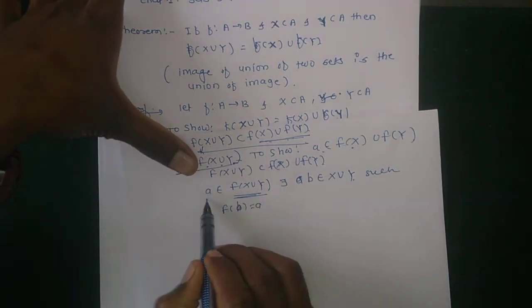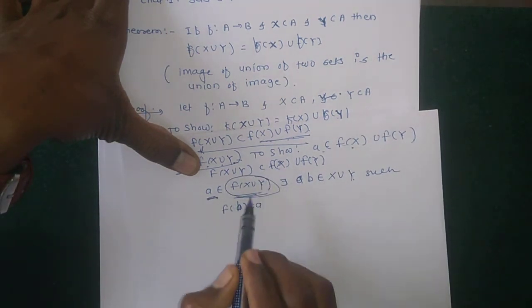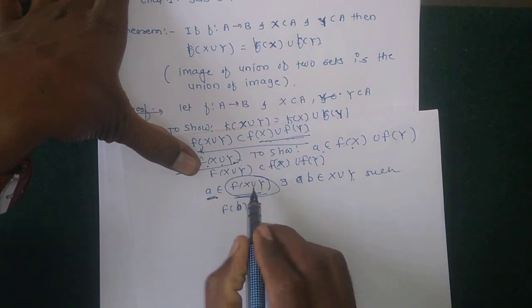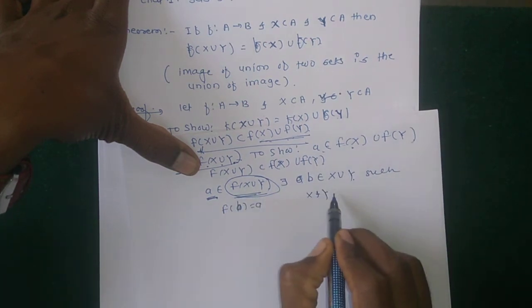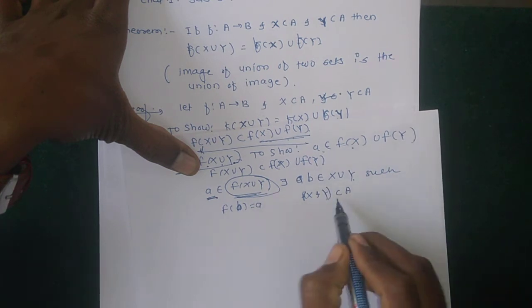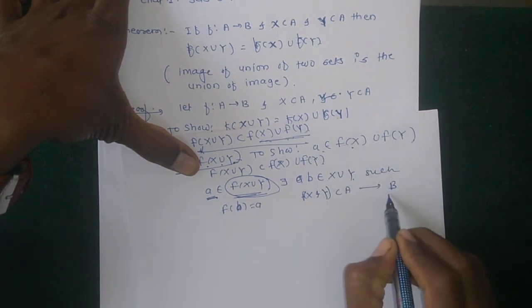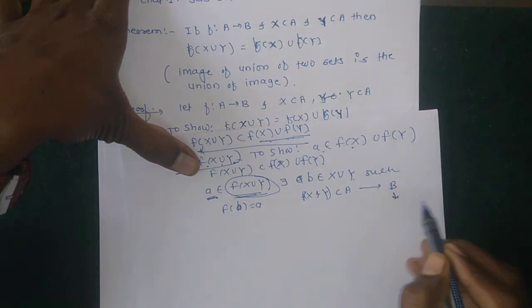This element a is in the codomain, because the images of X and Y, which are subsets of A, are subsets of B, the codomain.